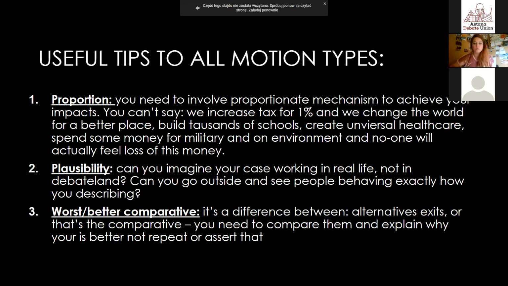Worse, better, comparative. I think there is a difference between alternatives existing, or that's the comparative. Because if the situation is bad now, it can always be worse, and you can analyze why it will be worse. So it is not a good rebuttal to say, oh, but the situation is so bad that we need to take the risk and we need to change something.